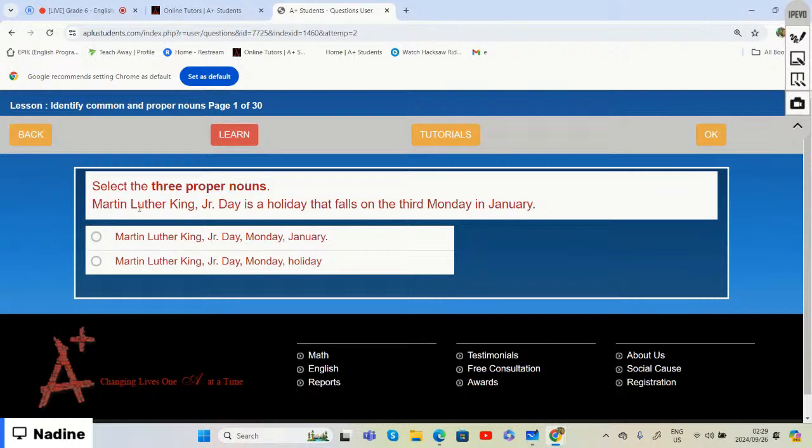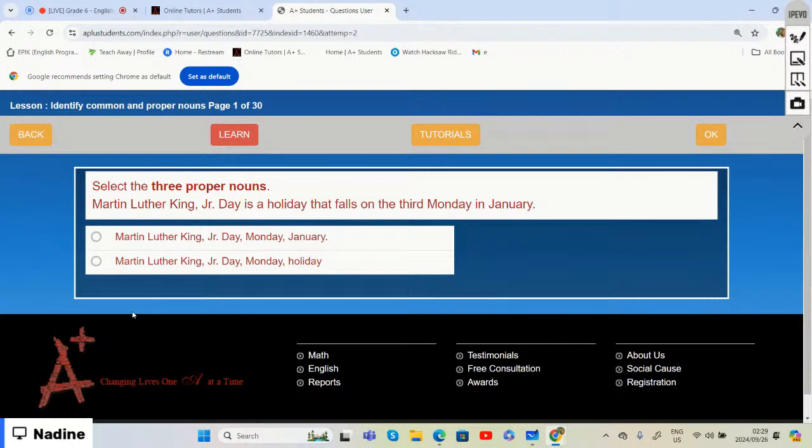It says Martin Luther King Jr. Day is a holiday that falls on the third Monday in January.